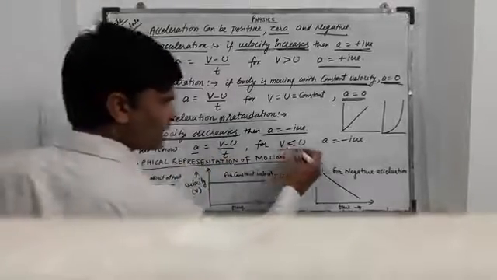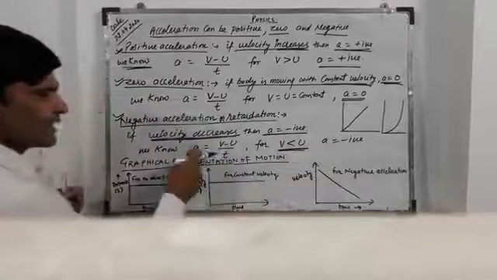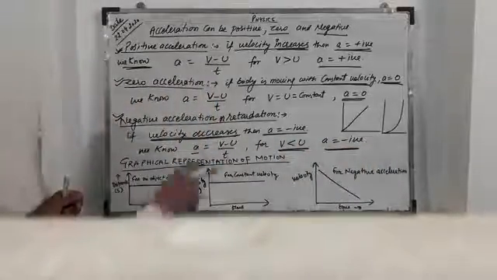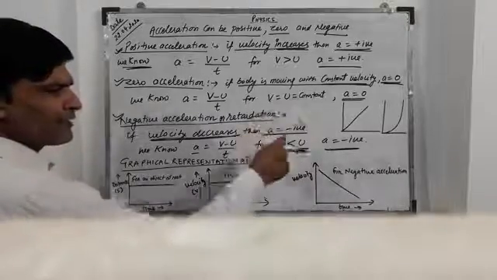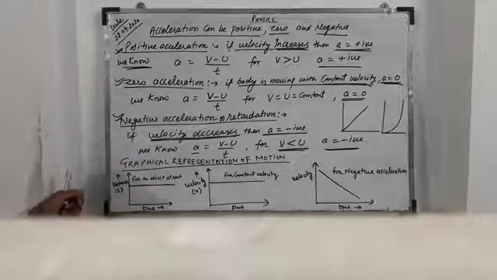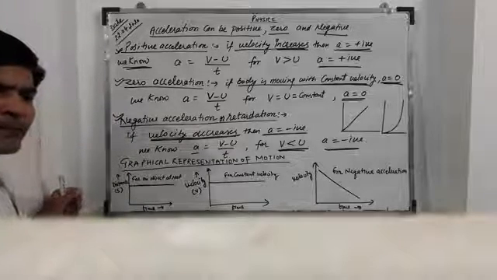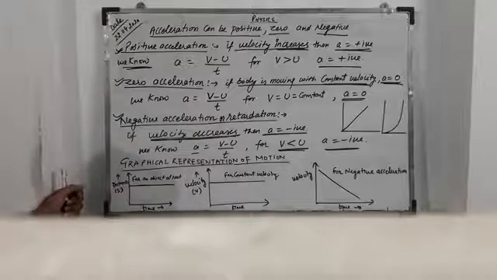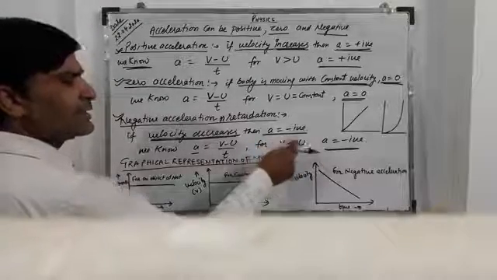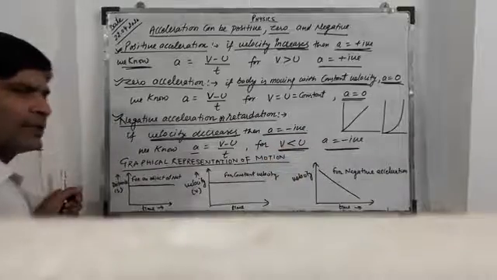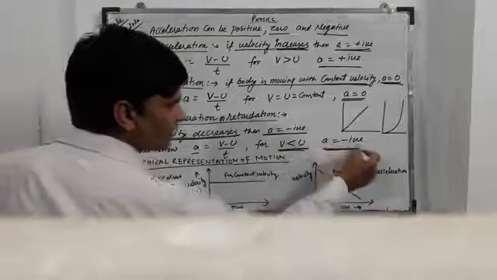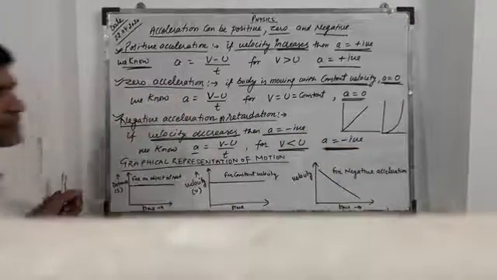If we put v less than u, then a is negative. This means the final velocity of the vehicle is less than the initial velocity. For example, if a car is moving and we apply the brakes, then the final velocity decreases. It is lesser than the initial velocity. This is an example of negative acceleration.